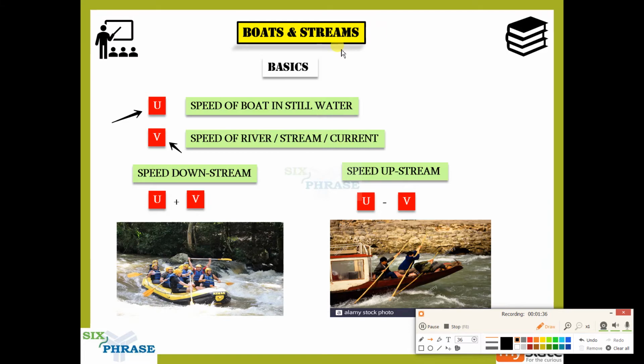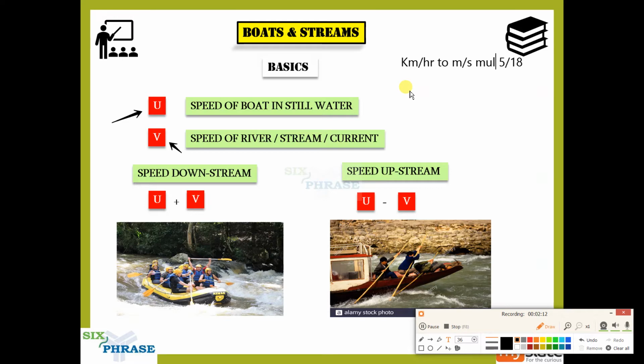Now, because this is a subdivision of time, speed, distance, again you have to be careful about units, kilometers per hour, meters per second. If you don't know how to convert it, you have to familiarize yourselves. I'll just give you some of that here. Again, just reminding you, kilometers per hour to meters per second can be done by multiplying by 5 by 18.